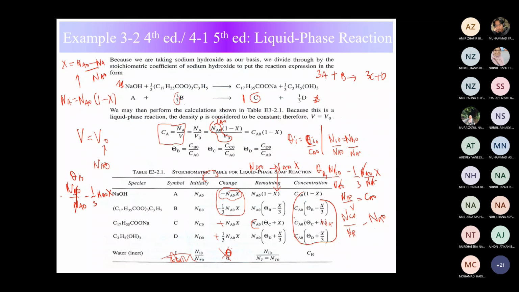NA0 juga kan? Tapi you boleh letak dekat luar lah, which is NA0 over theta B 1 over 3x. Okay, so NA0 ni kat luar lah. Ni just perkan ni. Okay, so this would be the NT dengan ni lah CI0. Okay, so ini dia akan automatic CI0 sajalah untuk inert. And this one is NI0 sama dia NT sama dengan NT0. NI0 ni lah. Okay, so this one lah.